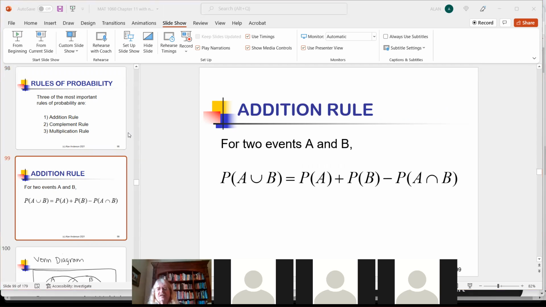The addition rule, you can see it right there, is based on what we were doing earlier. We have the probability of a union of events A and B equals the probability of the 2 individual events minus the probability of their intersection. Now I'm going to show you in a minute a graph that helps us visualize what this is all about.